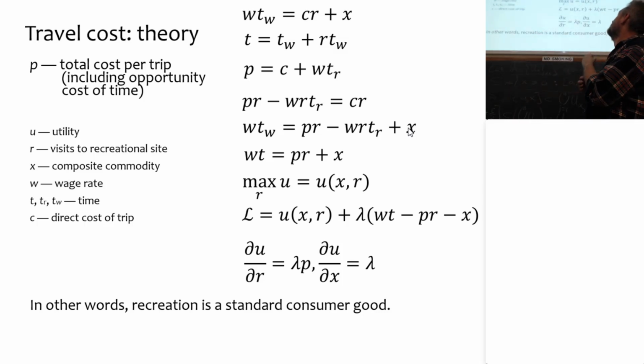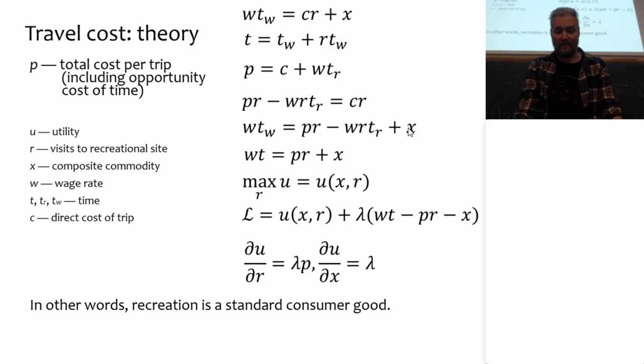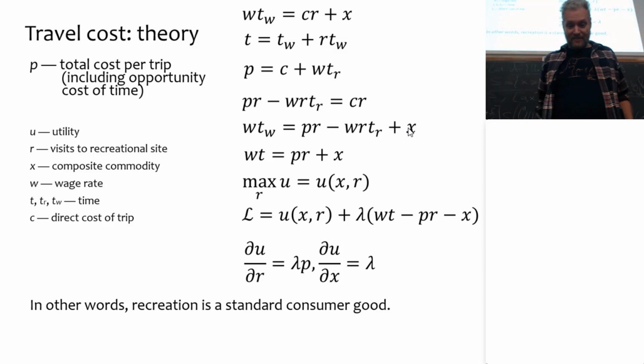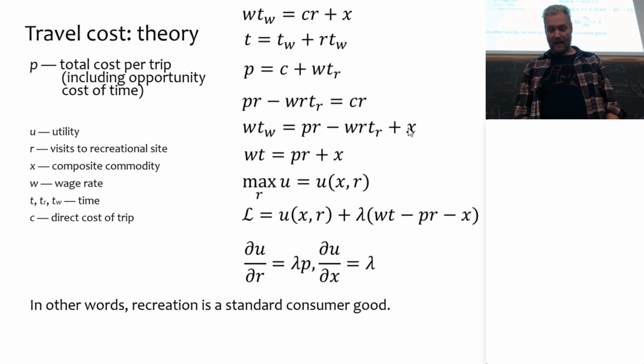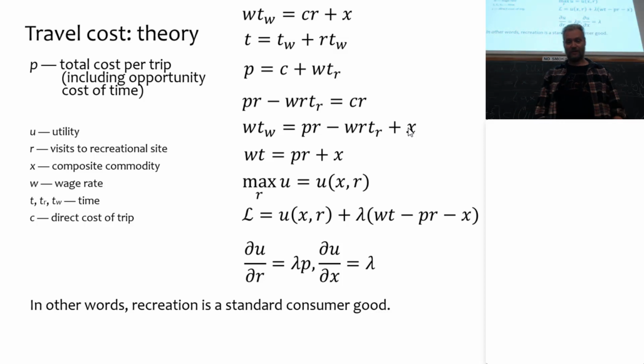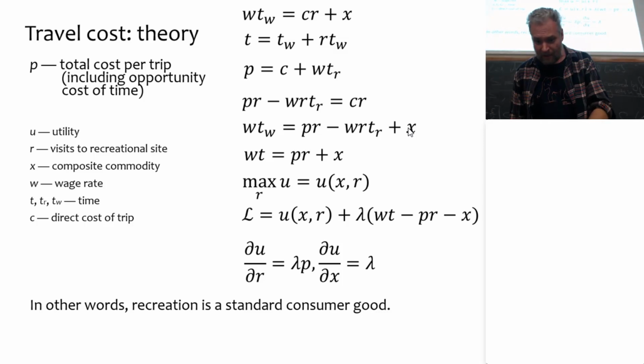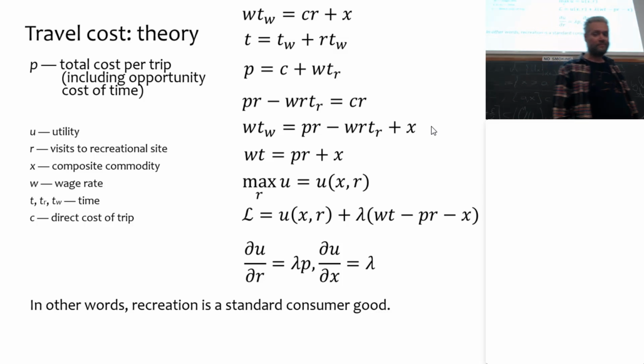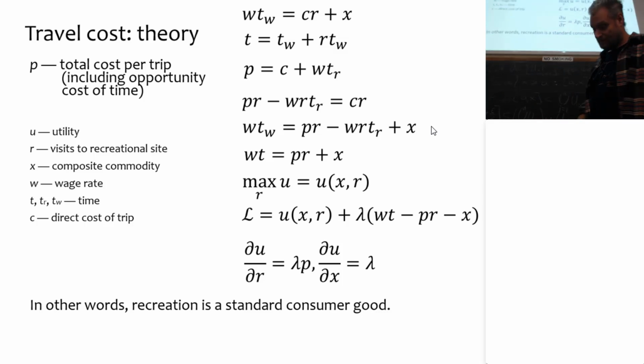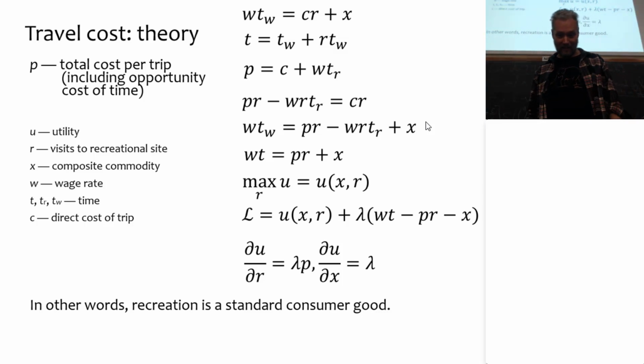So we can substitute that in, and then we have that the budget constraint in money is your income times the total price of your recreation minus the wage times the time spent recreating plus whatever you consume in the other good, right?